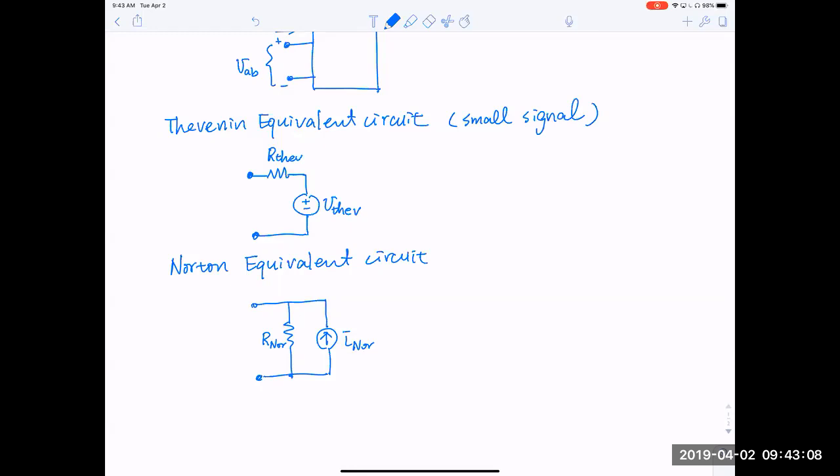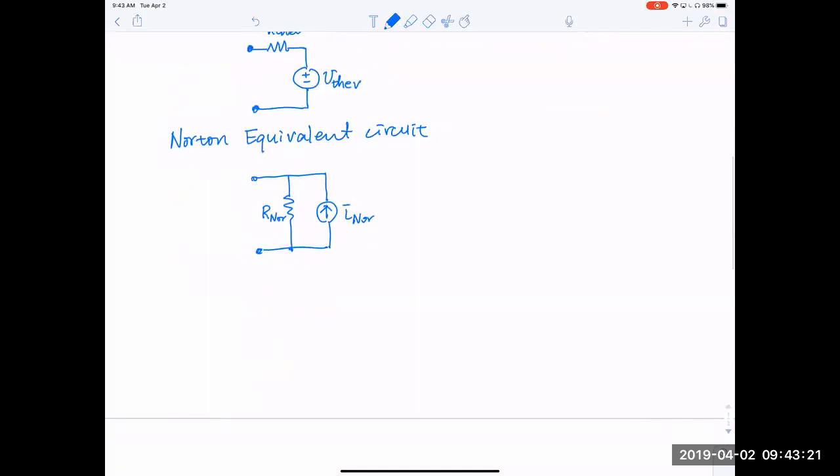I'm sure you have gone through real circuit examples of how to reduce a whole block of circuits down to these simpler circuits. And an amplifier is more complicated. An amplifier is generally a two-port circuit, so we can talk about a general two-port equivalent circuit.